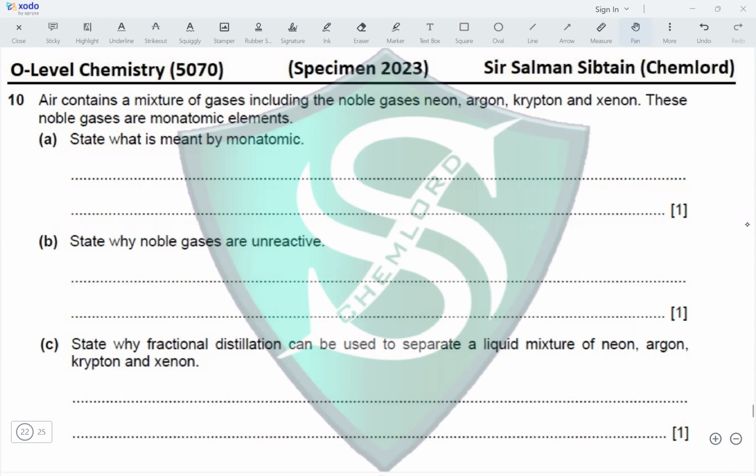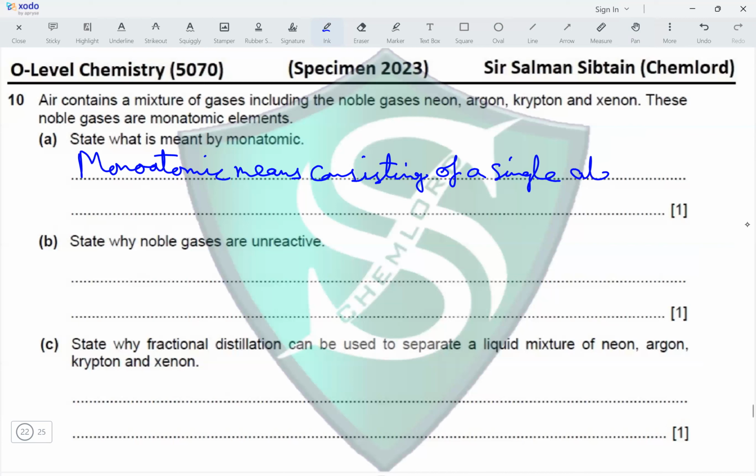So we will write here, monoatomic means consisting of a single atom.